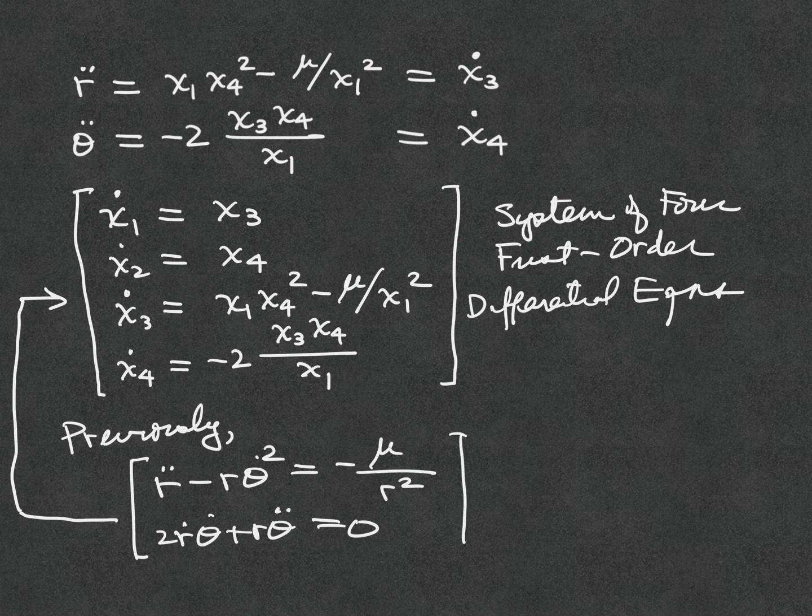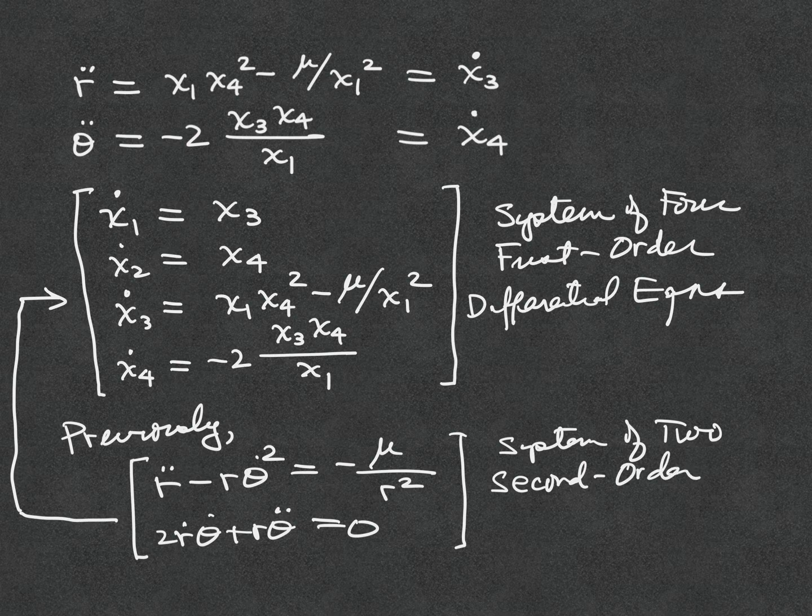It's just that this last system is a system of 2 second order equations. By doing the replacement with these variables, I was able to take 2 second order differential equations and transform them into a system of 4 first order equations.